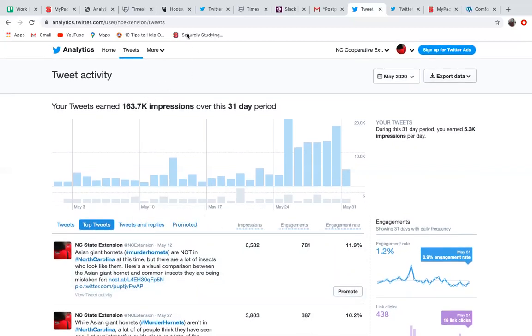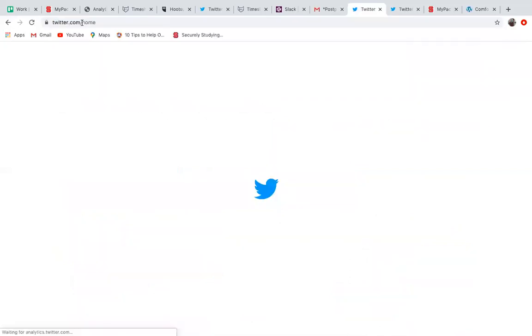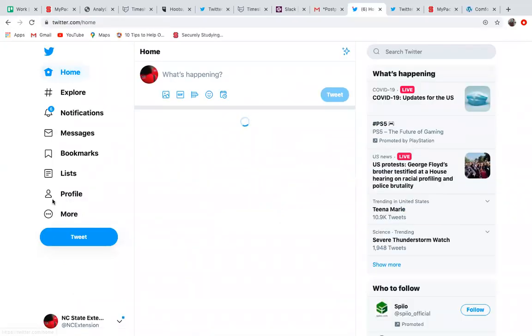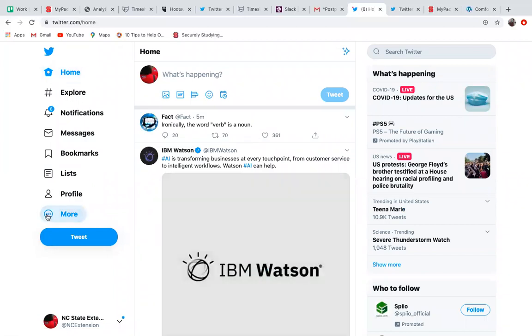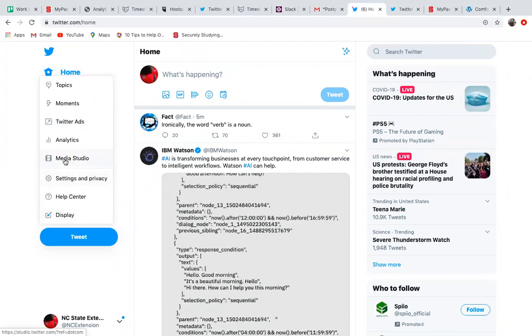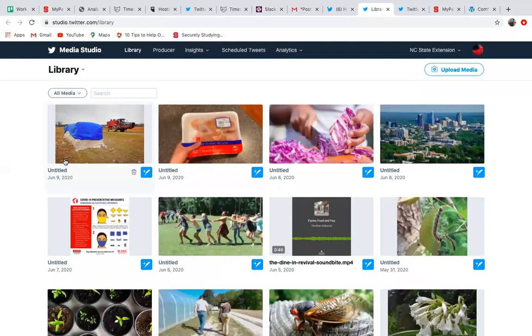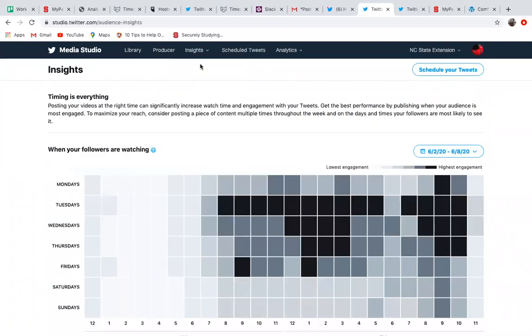Another thing to take note of is if you go back to just twitter.com and then hit the More button, you can go into your Media Studio. The Media Studio also has an Insights tab to it. So there are two things that you can look at here. First is audience.